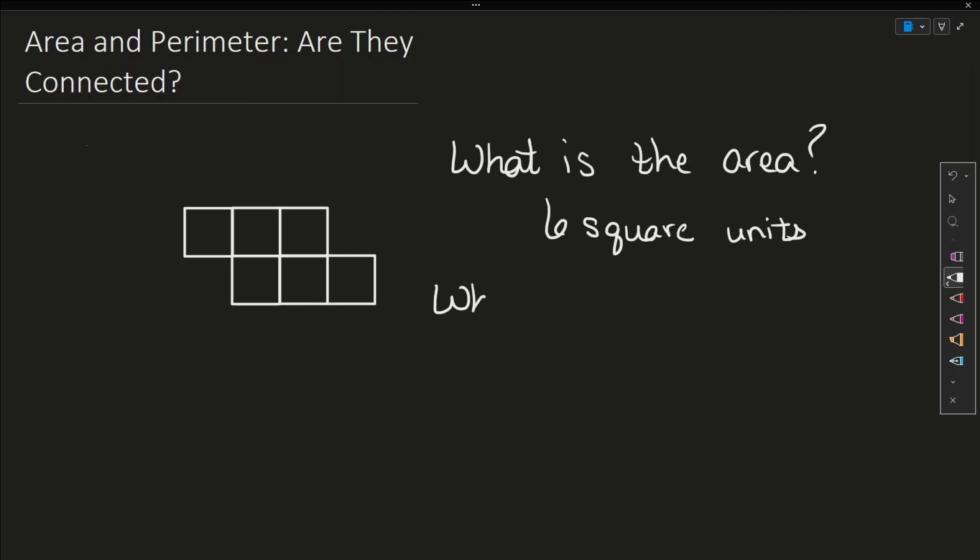And then our second question, what about the perimeter? What is the perimeter of this shape? Well, if I imagine walking along the outside, I would do 3, 1. Here's another 1 and another 1.